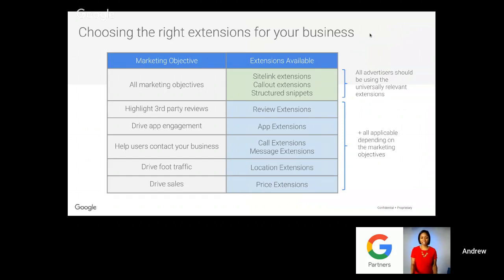Now, our other variety of ad extensions more likely match up with specific business objectives your clients might have. A few of those include review extensions, which allow your clients to highlight third-party reviews, app extensions, which allow them to drive app engagements by allowing them to download apps from within an ad, call extensions, which allow customers to contact your clients' businesses, location extensions, which will drive foot traffic by allowing people to get directions to a client's business location, and price extensions, which are really focused on driving sales.